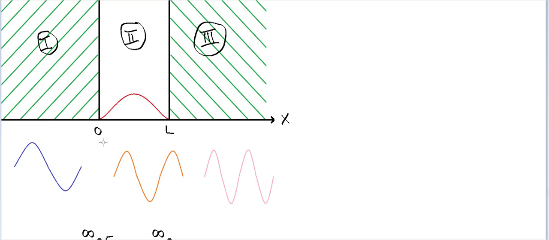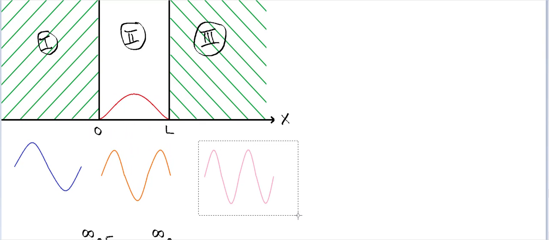We'll talk about that in a second. Let's look at the n equals 3 case. The second excited state, the n equals 3 state, again goes to 0 at x equals 0 and x equals L. This time it has two additional points where the amplitude goes to 0.